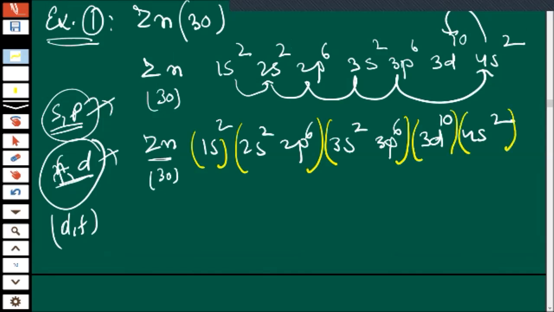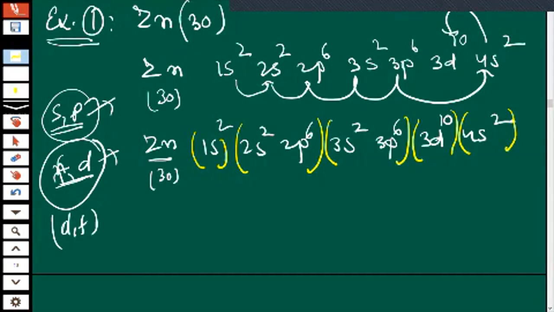You have to be perfect in making groups in such a manner. You have to concentrate on each orbit, and in each orbit you have to make the groups. So this is orbit number 1, this is orbit number 2, this is orbit number 3. In the third orbit, SP was also there and D was also there. That's why I have separated them into a third group.